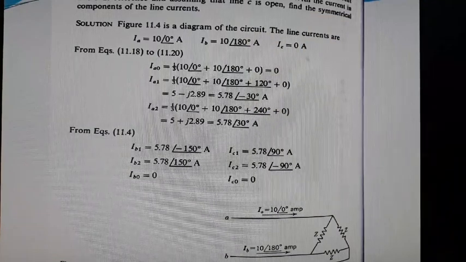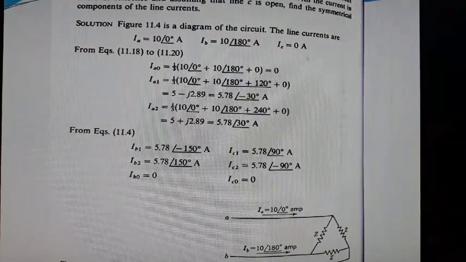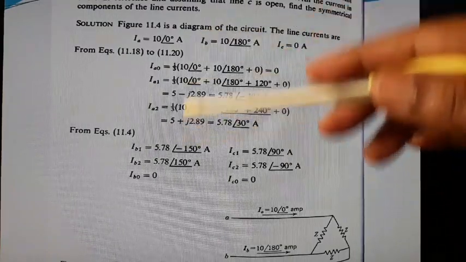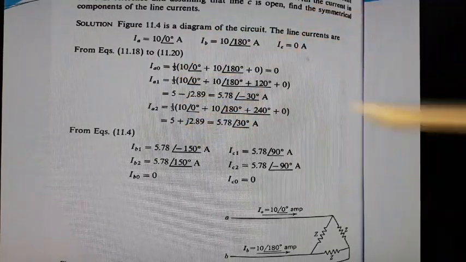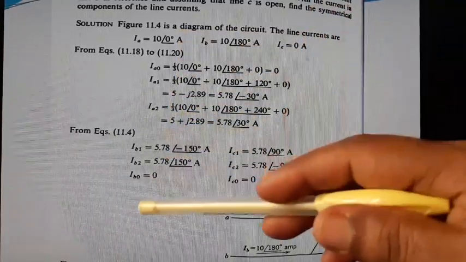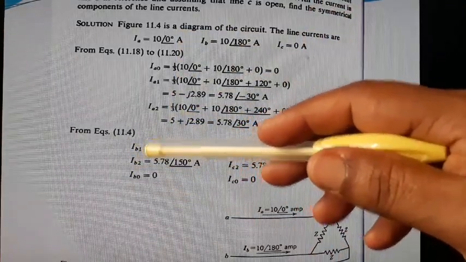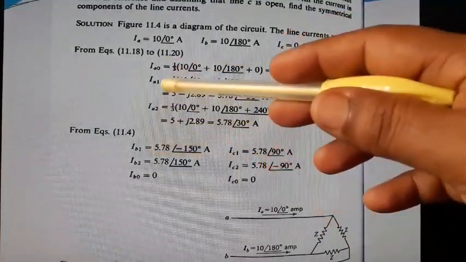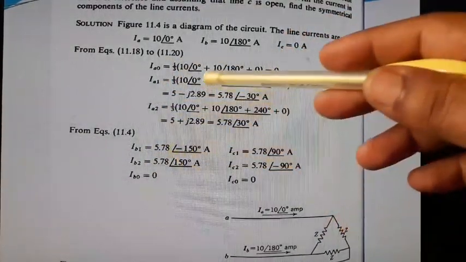So if you know the relationship between the symmetrical components and the phase values, then we can find the symmetrical components. For one phase, if we find it, we can find the other phases. IB1, when we know IA1, is A square IA1.